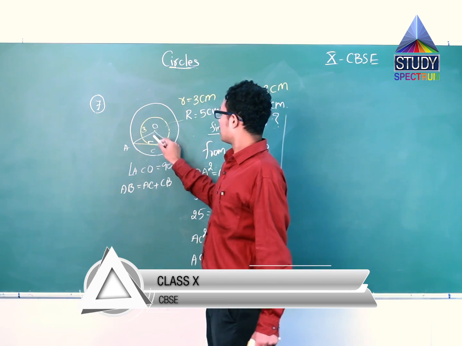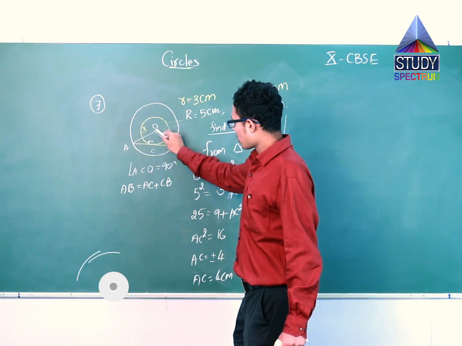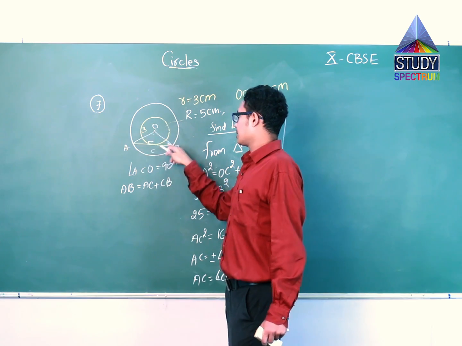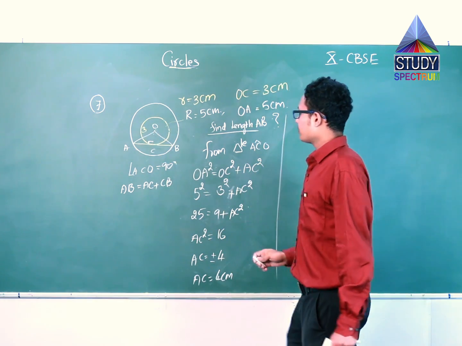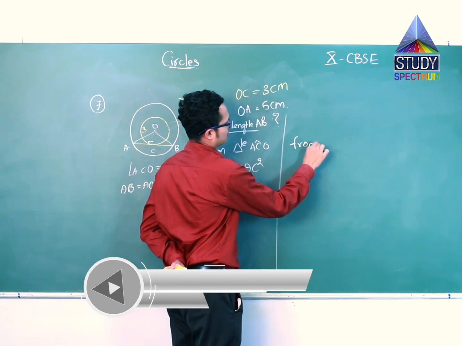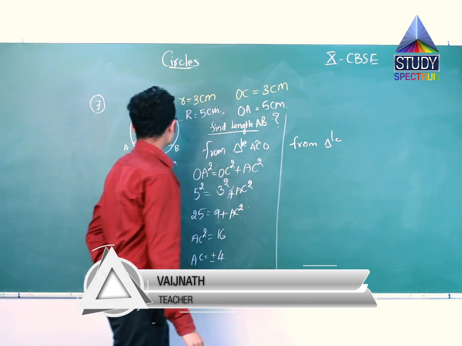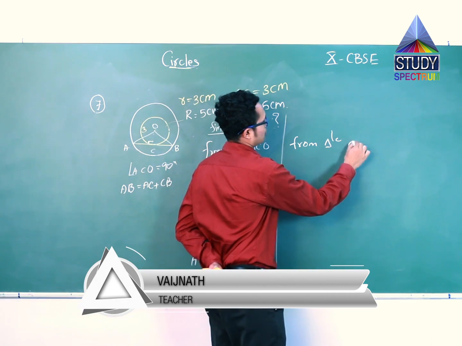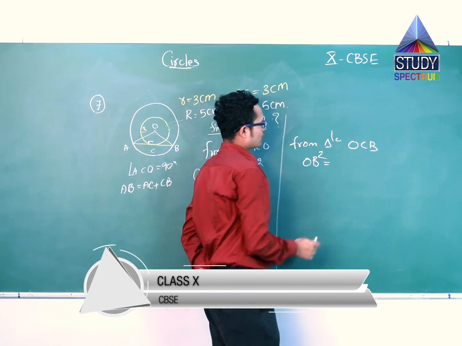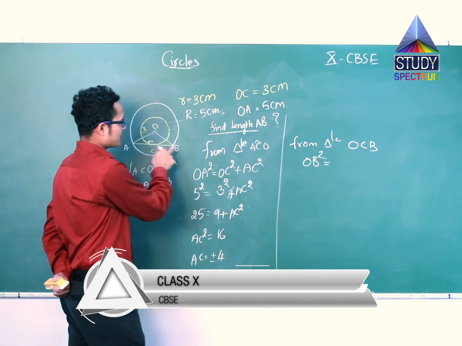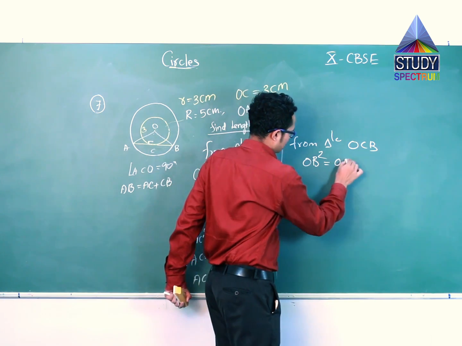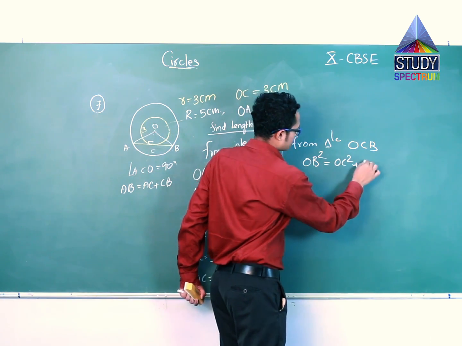Similarly, in triangle OCB, OCB is a right angle. So I can apply Pythagoras theorem to triangle OCB. OB square is equal to OC square plus CB square.